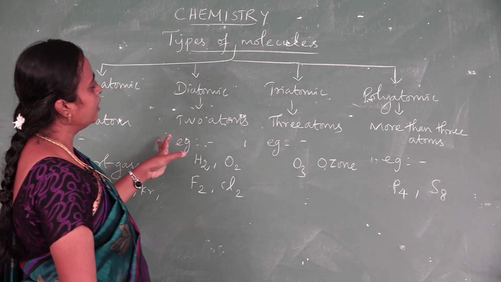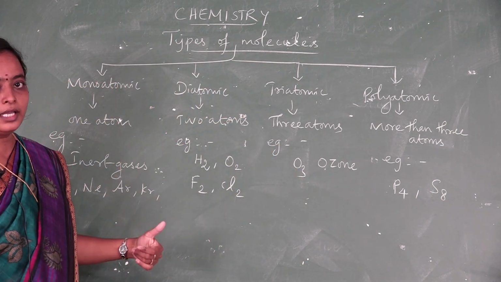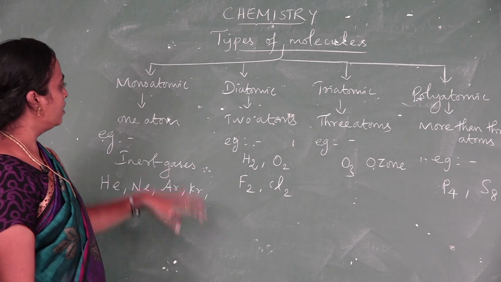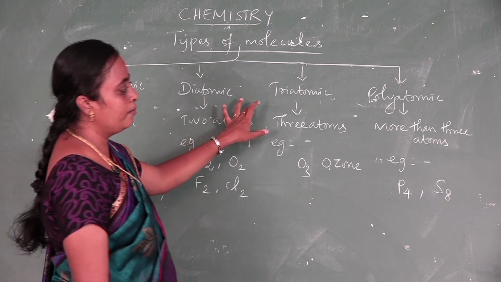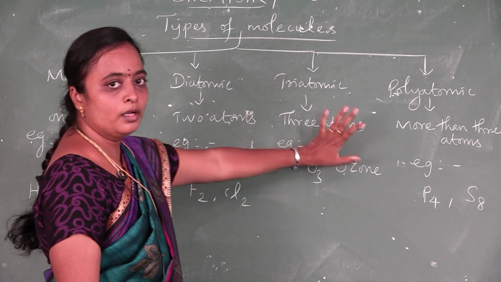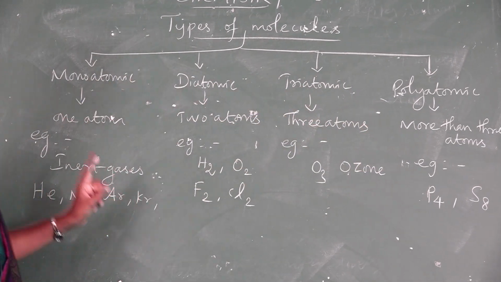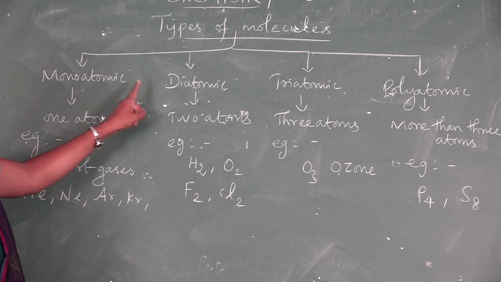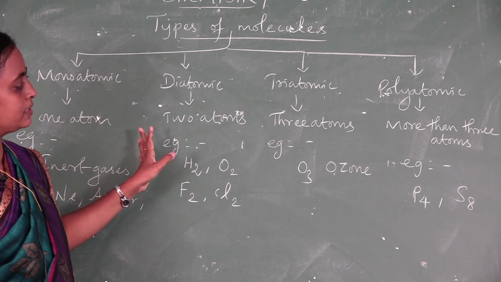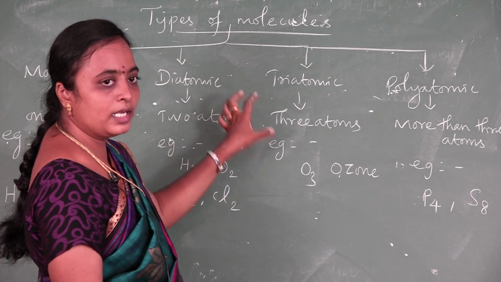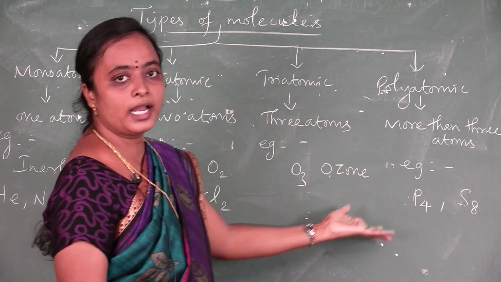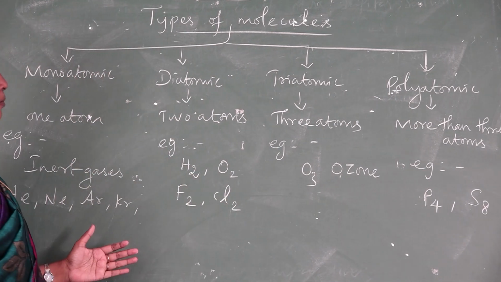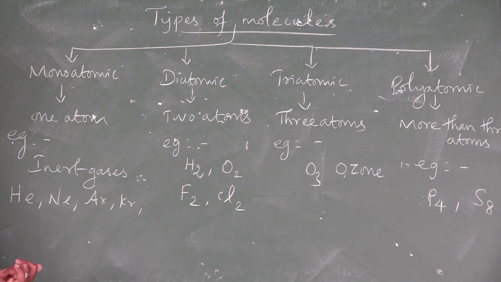So on the whole, the types of molecule we are dividing into 4 types: monoatomic, diatomic, triatomic and polyatomic. Mono means only one atom present. Diatomic means only 2 atoms present. Triatomic means 3 atoms present. And polyatomic means more than 3 atoms present. These are the examples for types of a molecule.